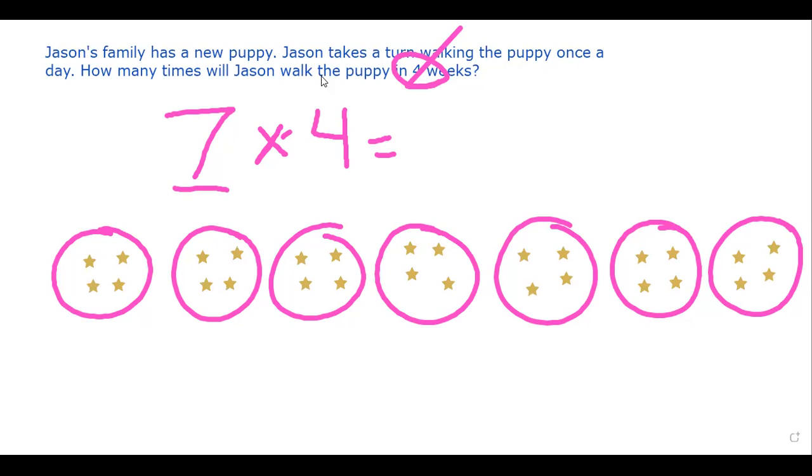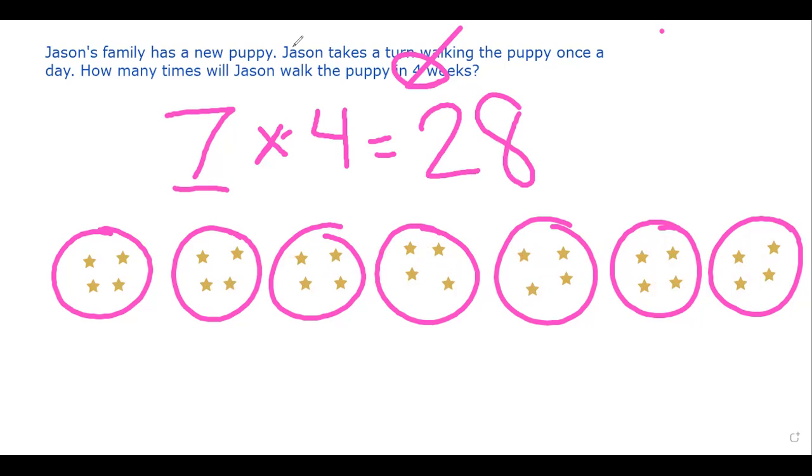So to do that, I can count my stars. 1, 2, 3, 4, 5, 6, 7, 8, 9, 10, 11, 12, 13, 14, 15, 16, 17, 18, 19, 20, 21, 22, 23, 24, 25, 26, 27, 28. So that tells me that 7 times 4 equals 28. This is how I solve using equal groups.